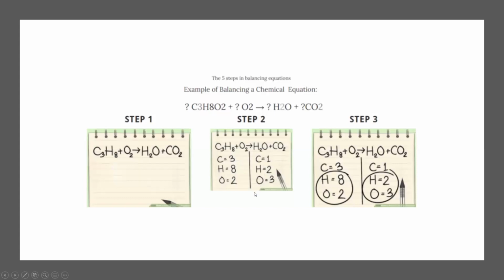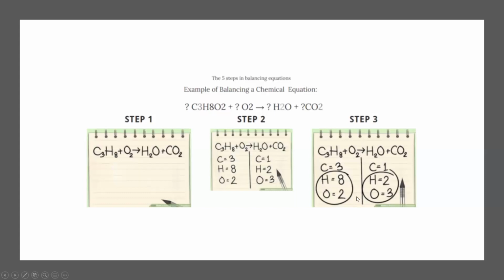So you begin by trying to balance those elements that don't have the same number of atoms on every side of the reaction.